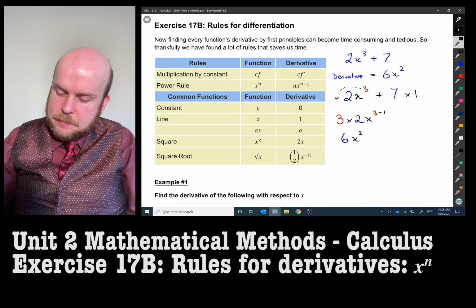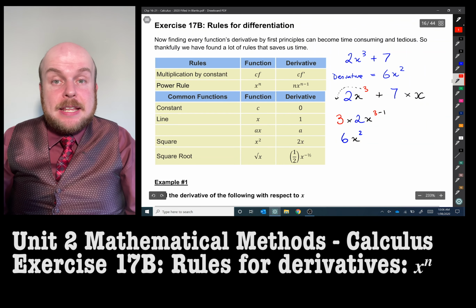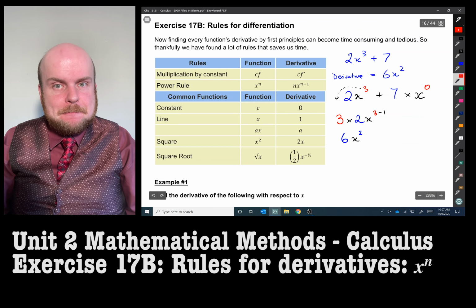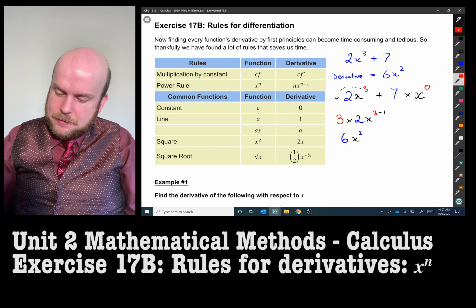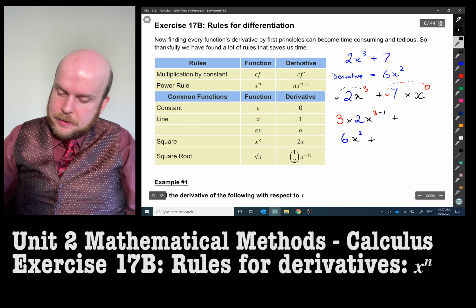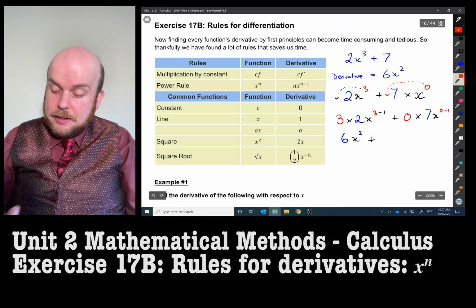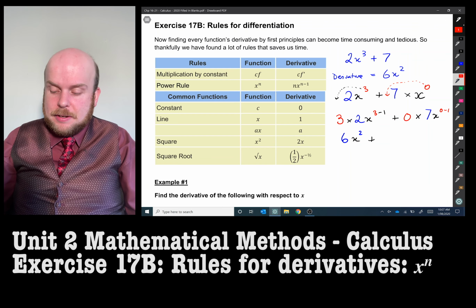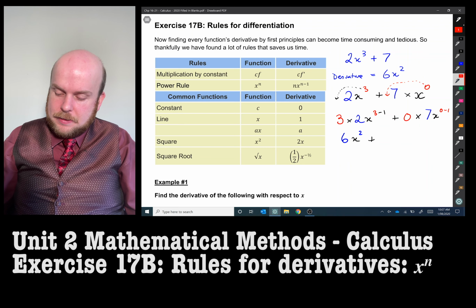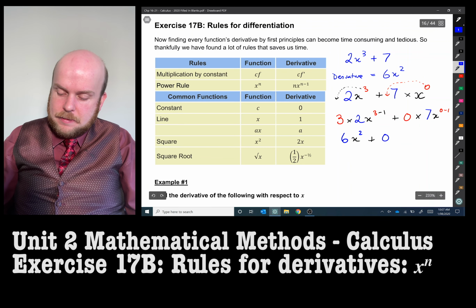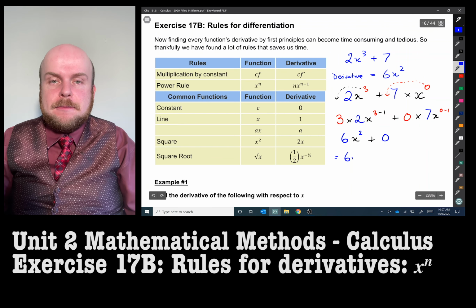What if I made that x to the power of 0? Anything to the power of 0 is 1. So therefore, 0 times 7x to the power of 0 take away 1. Well, 0 times anything is just going to be 0. So this is just going to be 0. And so we get 6x squared.